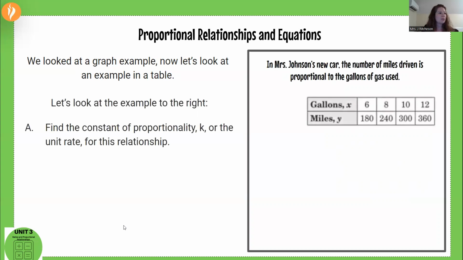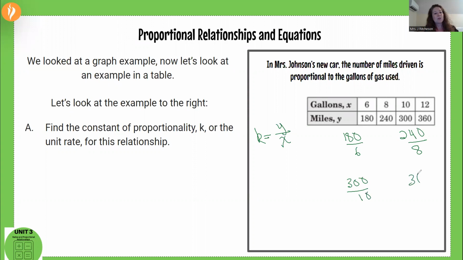So the first thing we're going to do is find our constant of proportionality. And the way we always do that is the constant of proportionality equals y divided by x. So we would write 180 over 6. We want to make sure that is equal to 480 divided by 8. We want to make sure that's equal to 300 divided by 10.